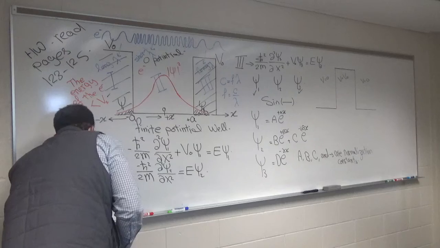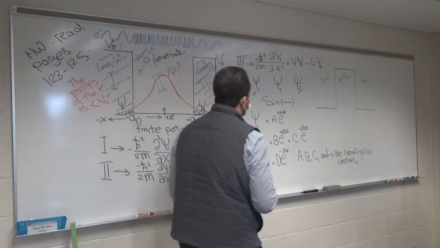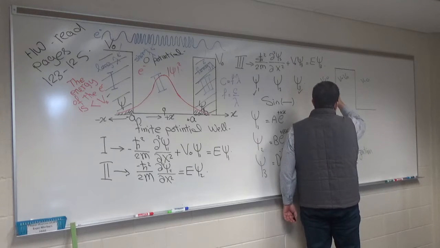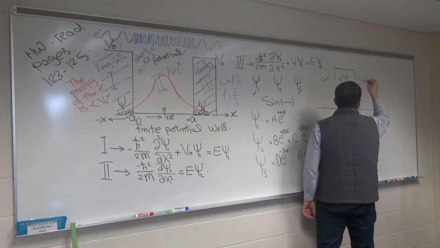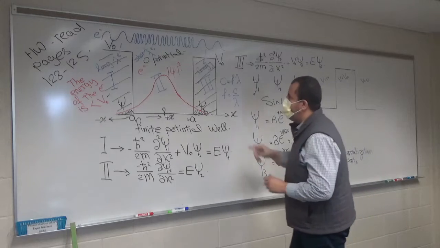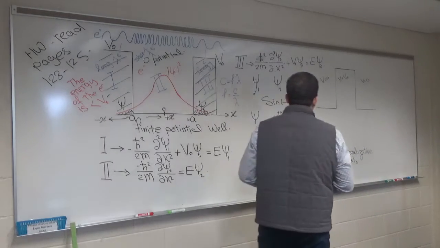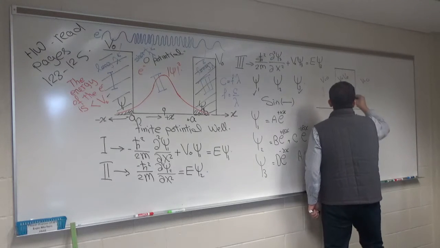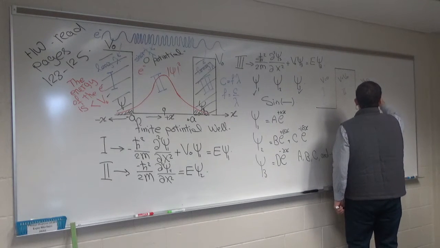So let's see what will happen now to the electron, guys. We have region number 1, region number 2, and region number 3, as we did before. Here we have region 1, region 2, and region 3.